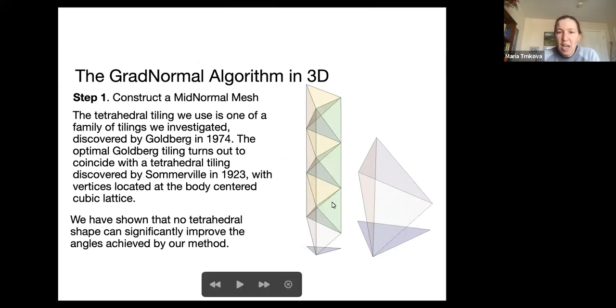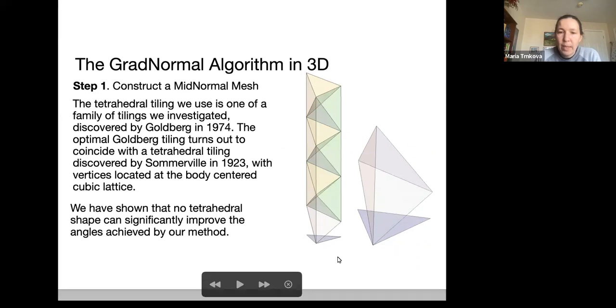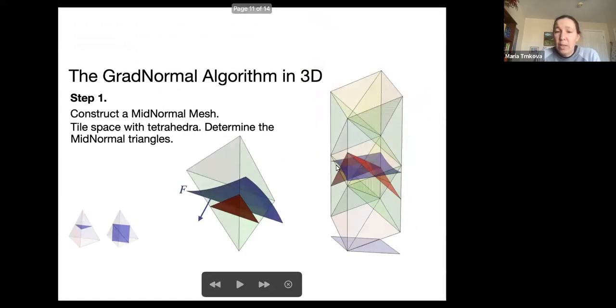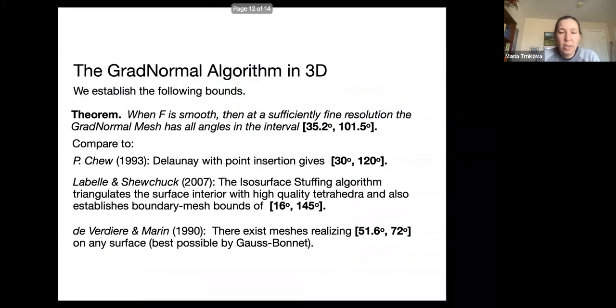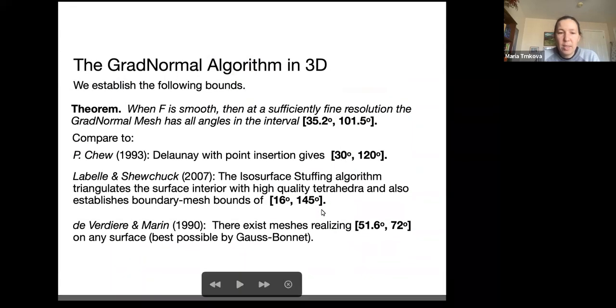These are the types of tetrahedra that we used. And then we saw how our surface cut these tetrahedra. Here is a surface in blue, and then we replaced it by some pattern, this red triangle, and we projected them back. Using this idea, we were able to improve the angles.